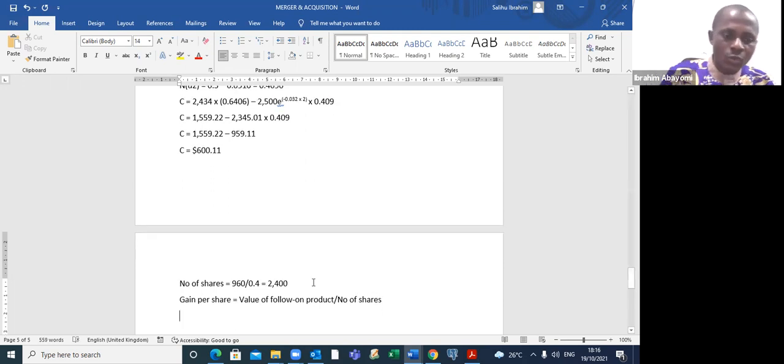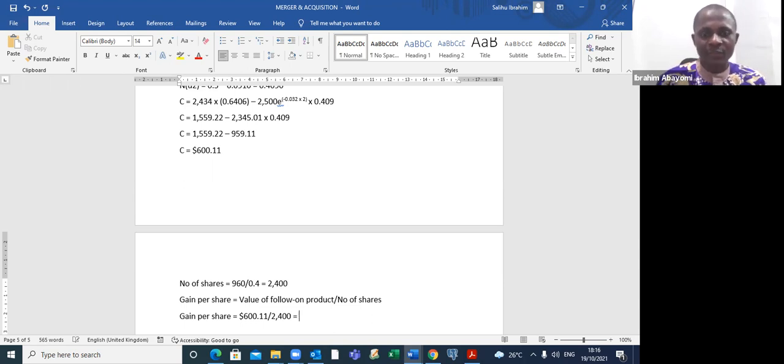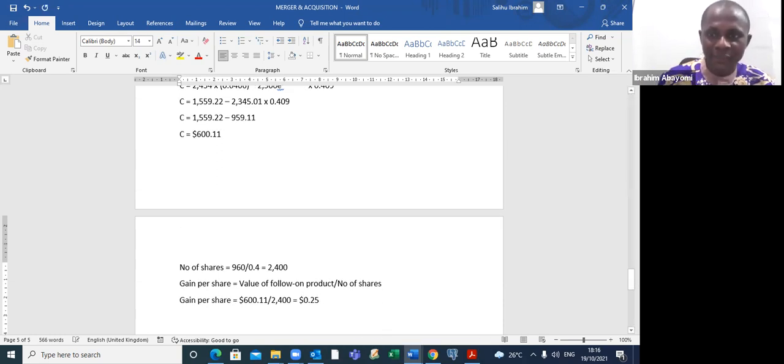Gain per share is equal to 600.11 over 2,400. That is 0.25. That's the gain per share.